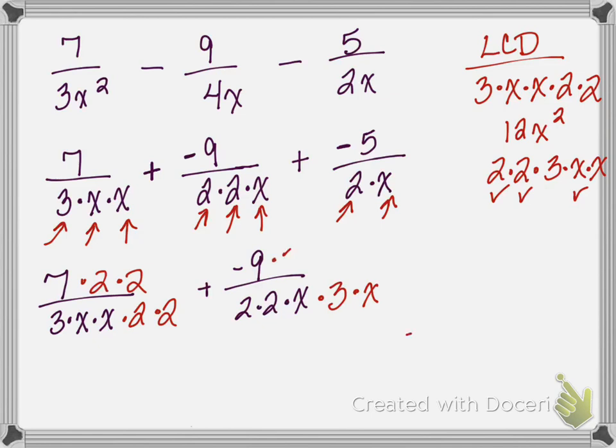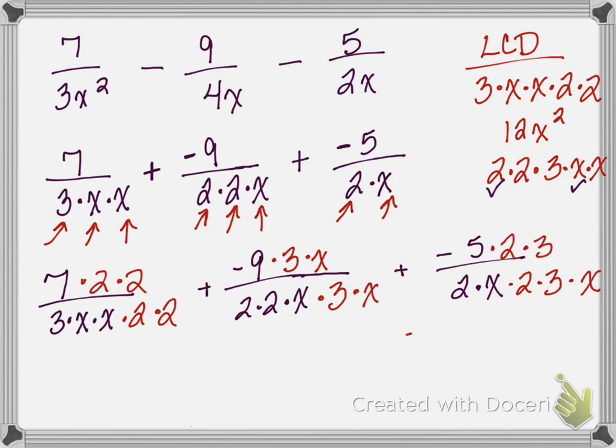If I do it in the bottom, I have to also do it in the top. My third, I have negative 5 over 2 times x. I have a 2 accounted for, and I have an x accounted for. What am I missing? 3 and 2. A 2, a 3, and an x. Good.